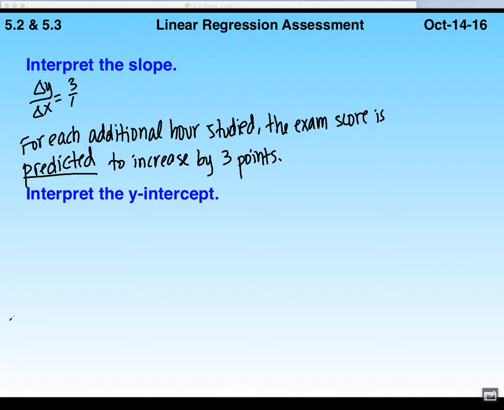Okay. Idea that we're going to talk about at the end of the semester. Do you remember how the reason we take a sample mean is that we want to estimate the population mean? That's the whole idea. I don't know the population, so I'm going to select a sample and use that sample to predict the population. The same is true of this least squares regression line. The line we came up with is the line for one sample.